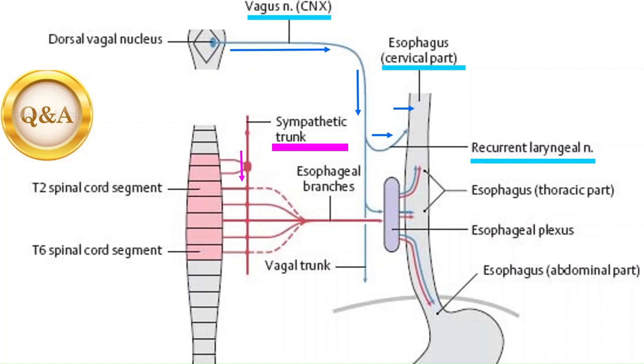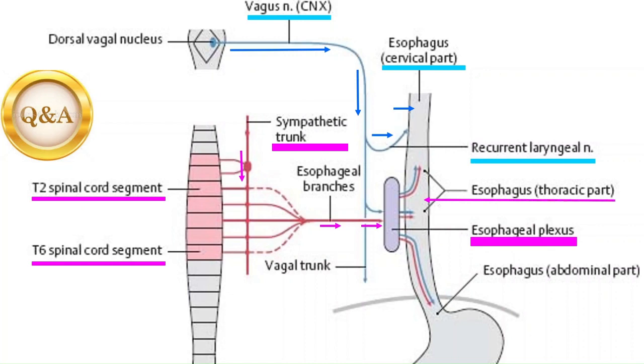Now, as the sympathetic trunk comes down, from T2 spinal cord segments down to T6, the preganglionic fibers will join the ganglia of the sympathetic trunk, and through the plexus that is going to be formed on the wall of the esophagus, it is going to supply the esophageal part in the thoracic cavity.